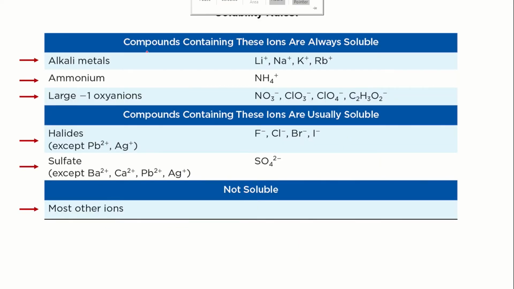Now in general, we call them solubility rules, but I want you to consider them more like guidelines. The more you consider them as rules, the more you're going to find exceptions and things are going to get a bit harder.